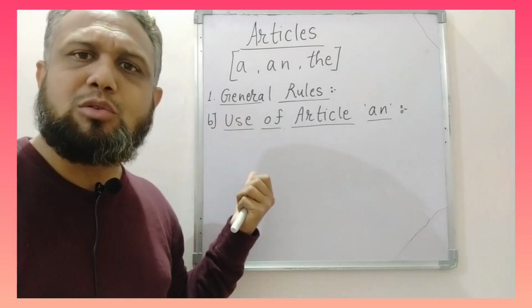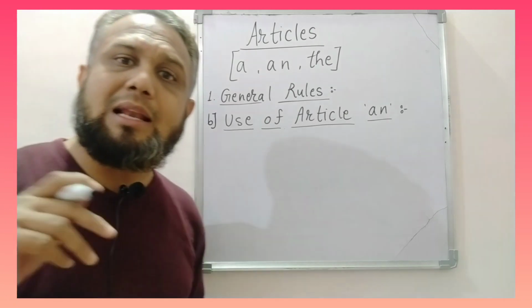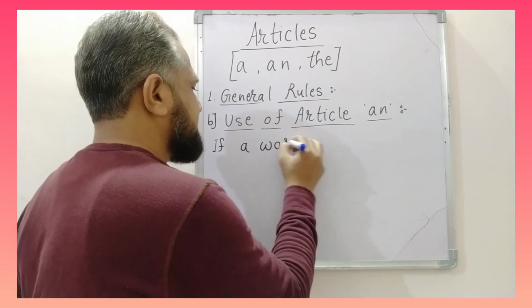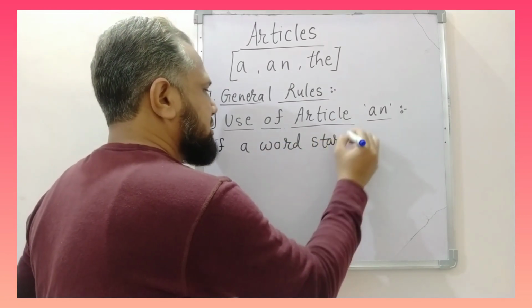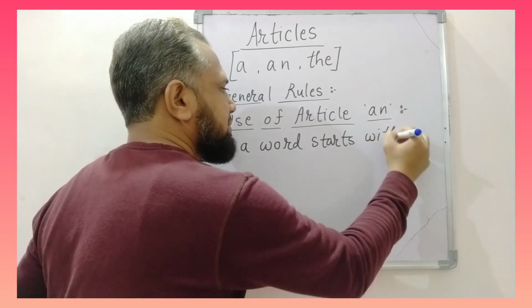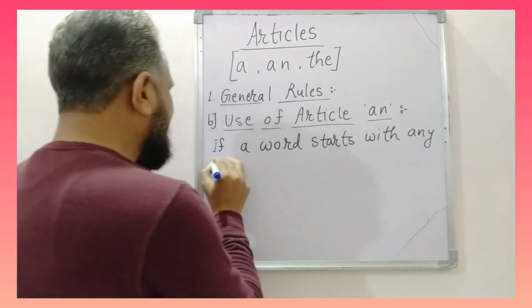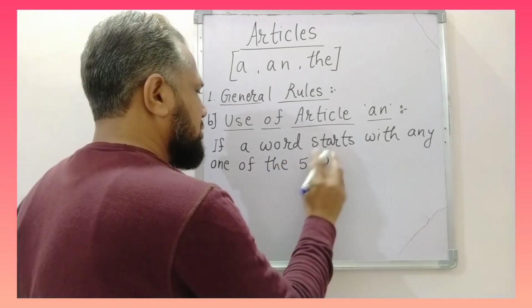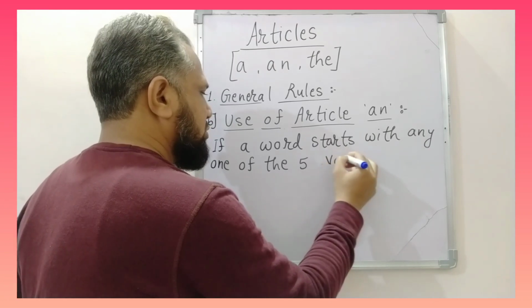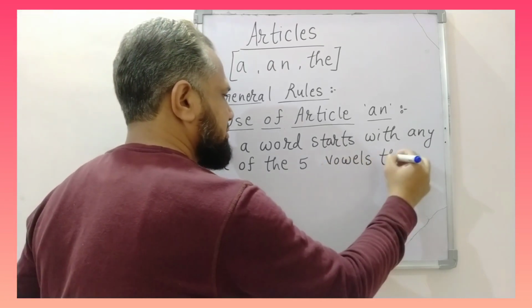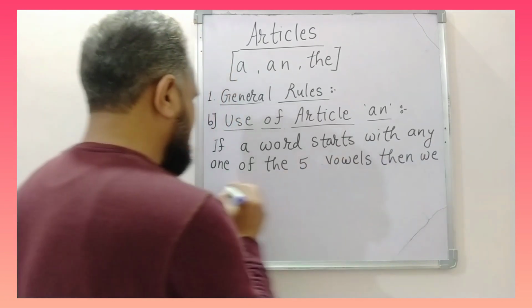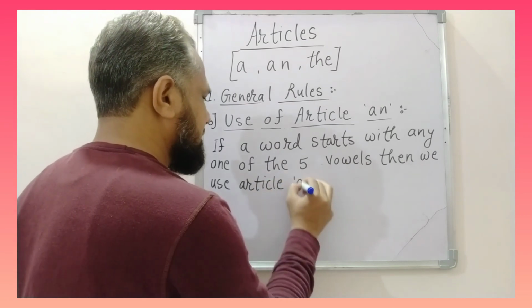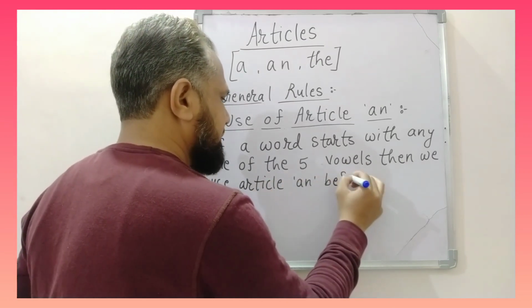Okay friends, now the second general rule. According to the second general rule, where we should use article an. So if a word starts with any one of the 5 vowels, then we use article an before it.